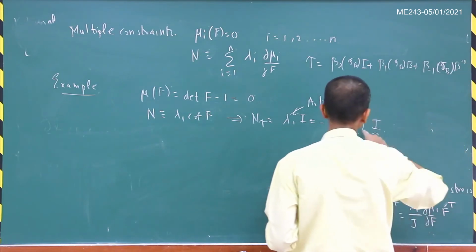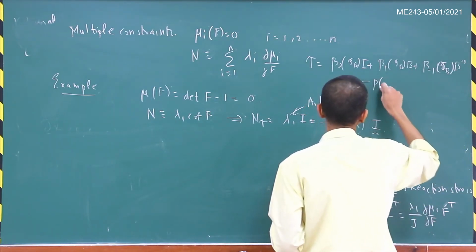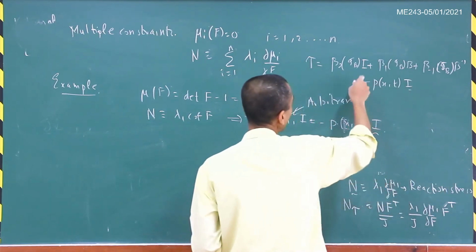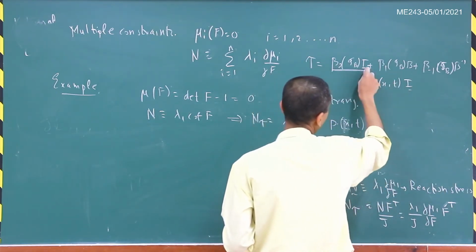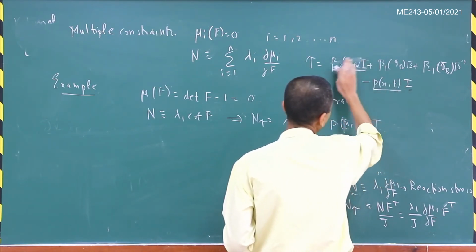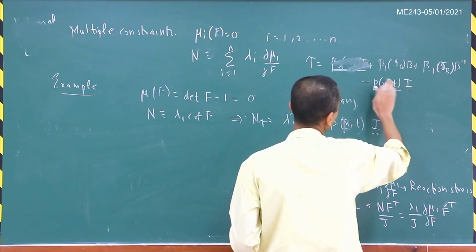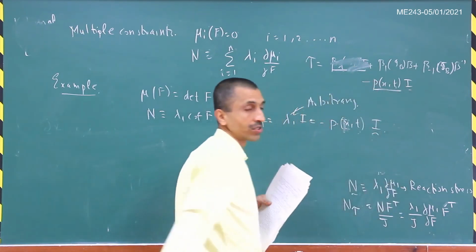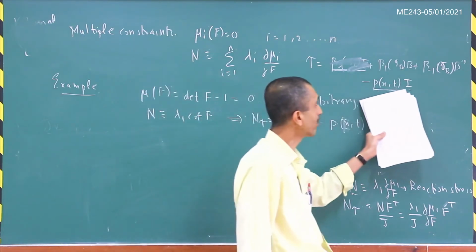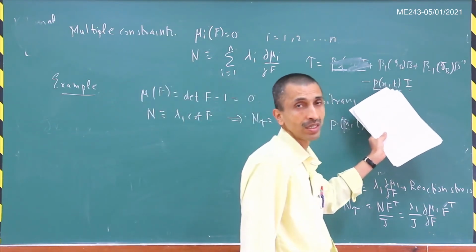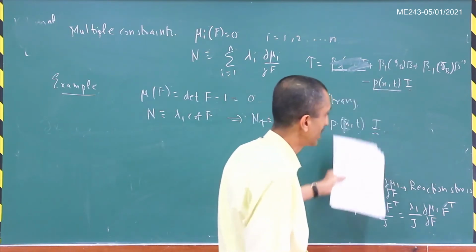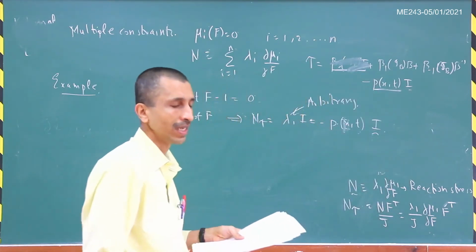And now this gets added, so minus p of x comma t times the identity. Because this is arbitrary anyway, this is determinate, but this is indeterminate. So once you add this, there is no point in considering this. In general, we can just think of this as the constitutive relation now. Okay, so that is how the minus p of x comma t times I appears in the constitutive relation for an incompressible material. So that is basically a reaction to the internal constraint.